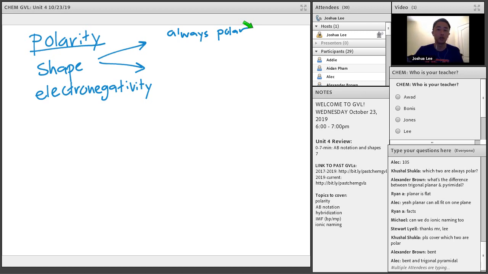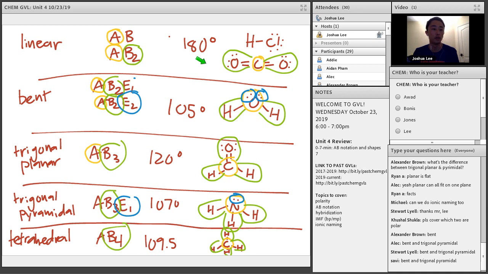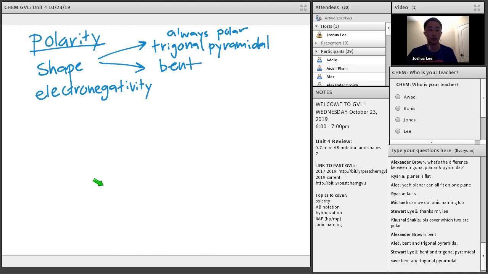Bent and trigonal pyramidal. Those two are always polar. And if you realize, trigonal pyramidal and bent, they're the two that have the lone pair electrons. So those two structures are always polar. Once you figure out that the molecule is trigonal pyramidal or bent, then you just say it's polar, then you're done. The other shapes you have to figure out based on their electronegativity.